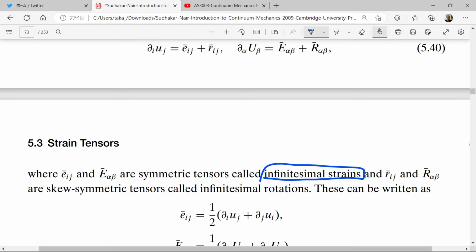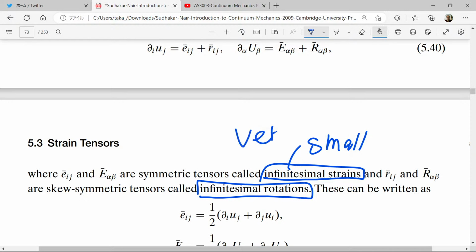And R bar ij and R bar alpha beta are skew-symmetric tensors called infinitesimal rotations. So we assume both are infinitesimal. This means small or very small.